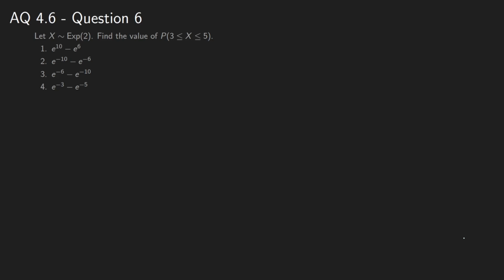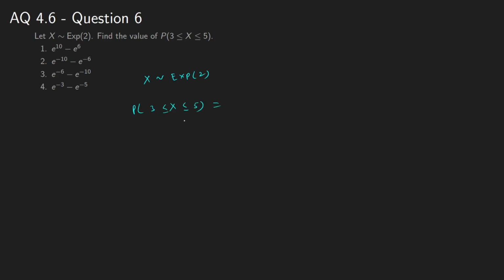In question number 6, we have been given an exponential distribution x. We have to find the value of probability that x will take values in the range 3 and 5. So x is an exponential distribution with the parameter lambda equals 2. And we have to find the probability that x will take values in the range 3 and 5.